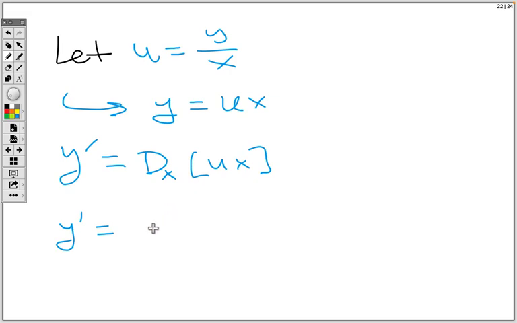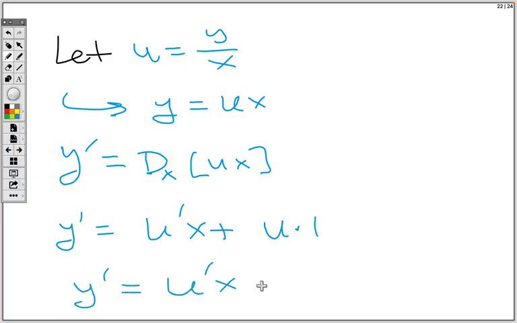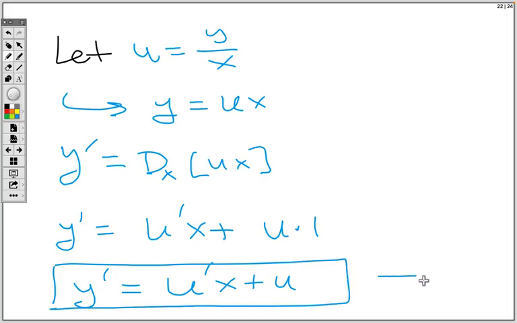Yeah, your product rule. So derivative of the first times the second plus the first times the derivative of the second, but the derivative of x is just what? 1. So that's what we plug in for the y prime.